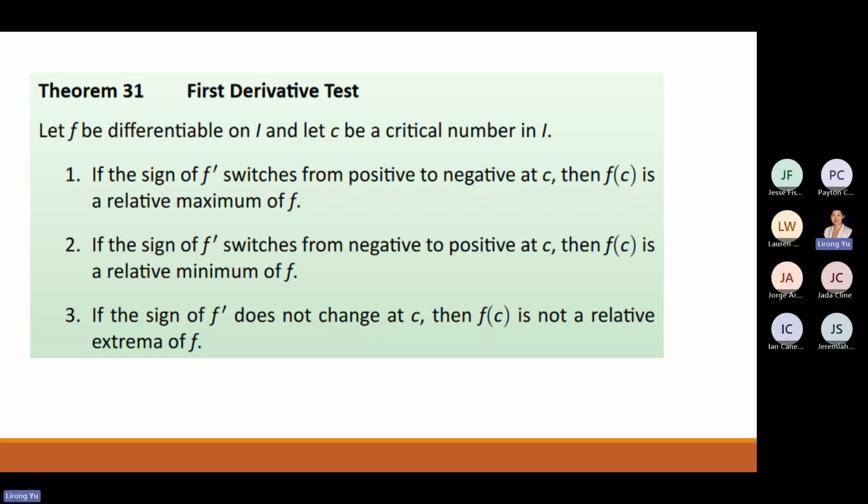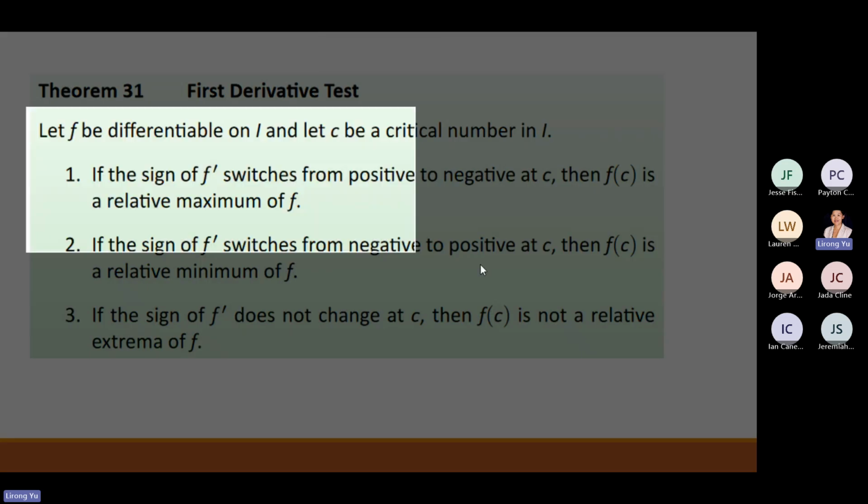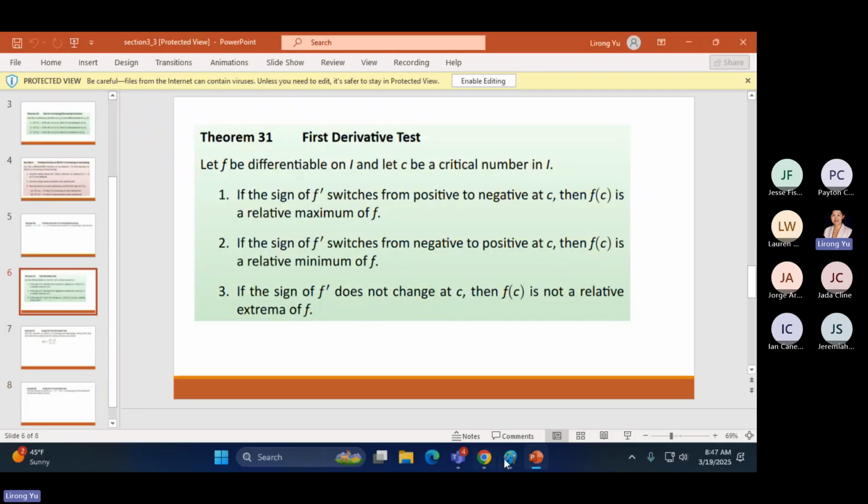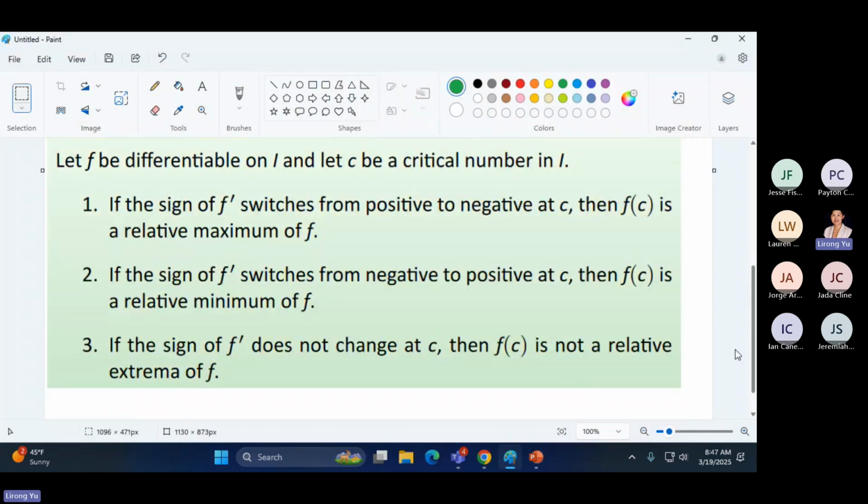Number 1, let me copy this over so I can write on it. All right, the first scenario is talking about c. Let's see if the sign of the derivative switches from positive to negative. That means the derivative is positive, which means the function is increasing.